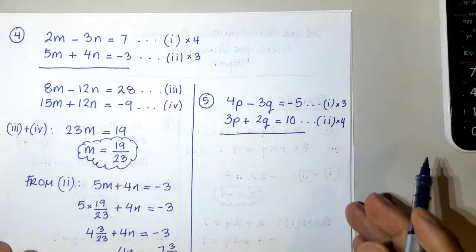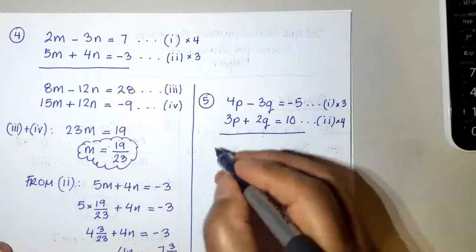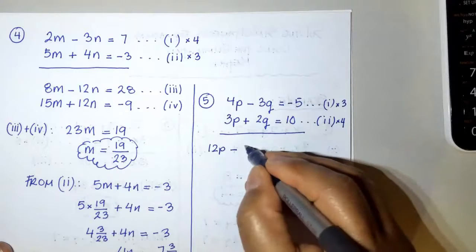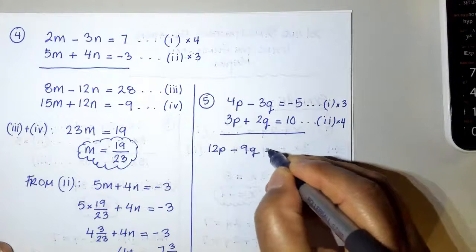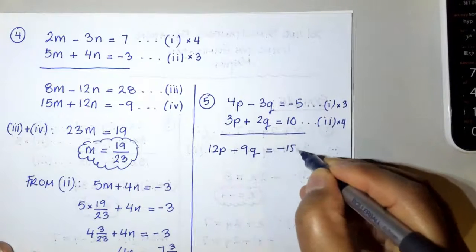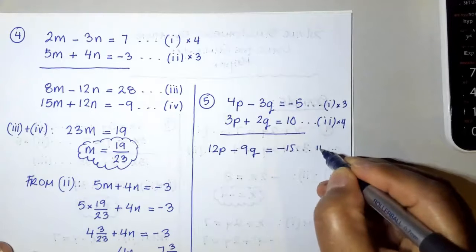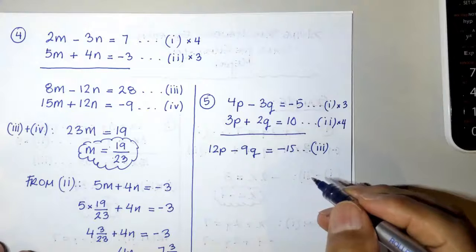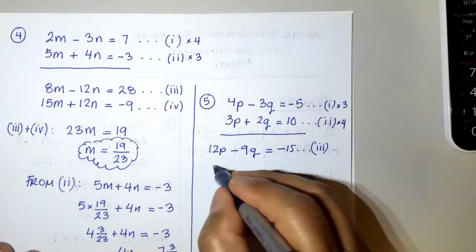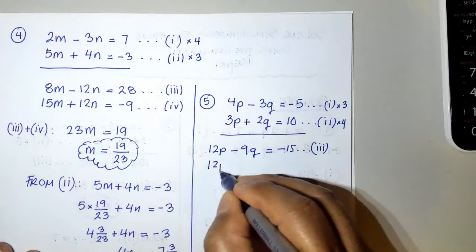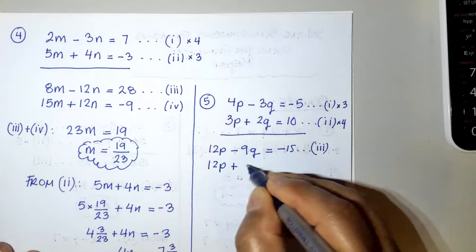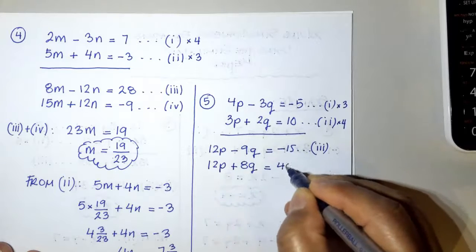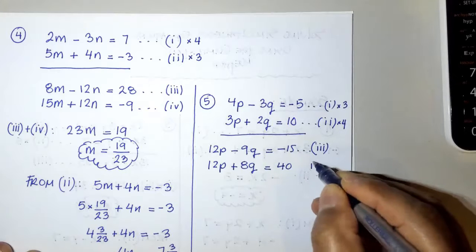Okay, so then if you do that, we're going to be creating another 2 equations. So the top one is going to be 12p minus 9q equal to negative 15. So that is going to be my equation 3. And the other one is going to be 12p plus 8q equal to 40, and that is equation 4.